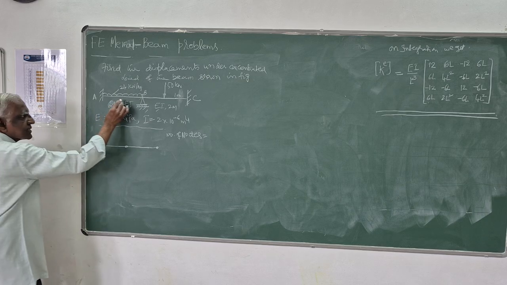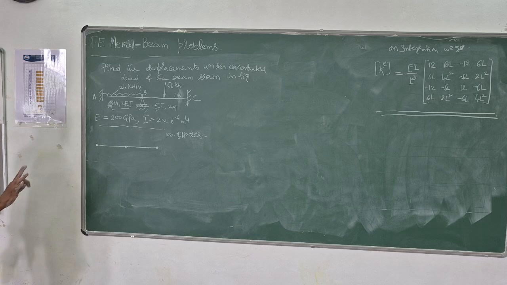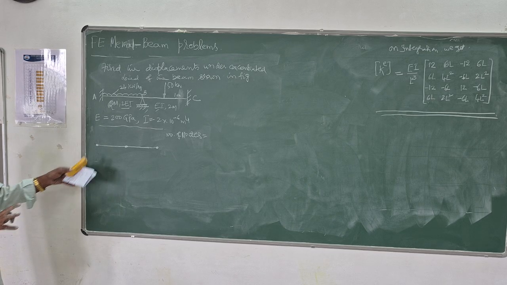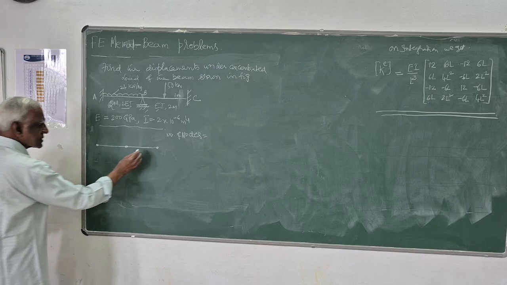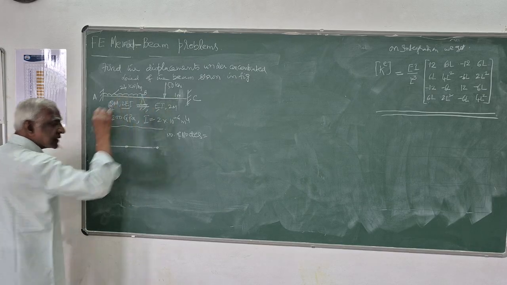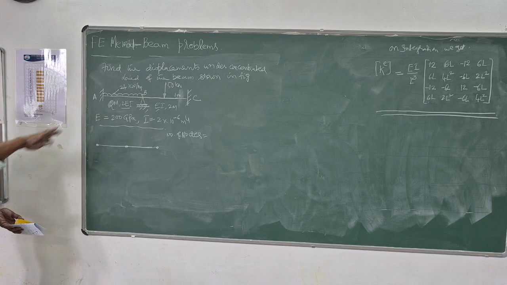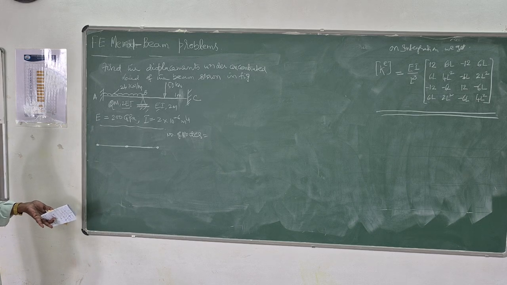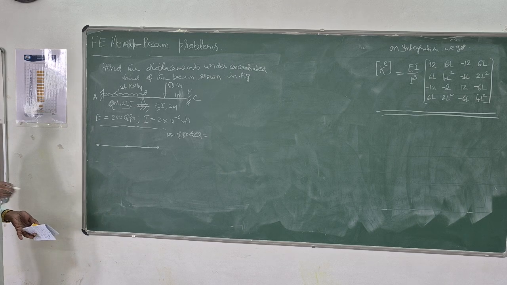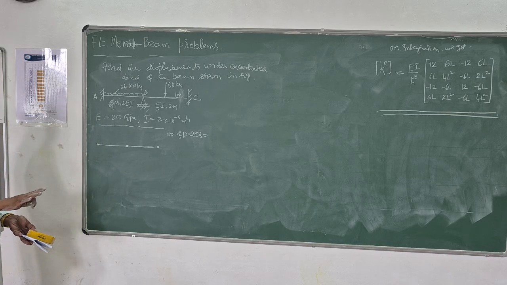There are 2 elements here, strictly speaking, 2 elements they have given. From the 2 element ends, first I have to select the nodes at the ends. Then there is a concentrated load here. So this is a surface load. Due to a surface load, I can find the equivalent nodal reactions, because all loads have to act only at the nodal points in this finite element method.